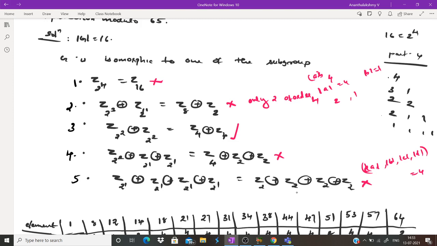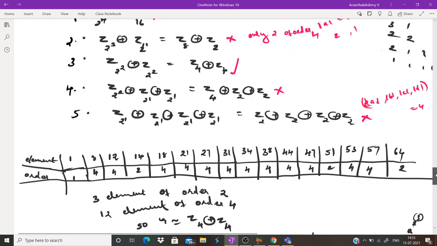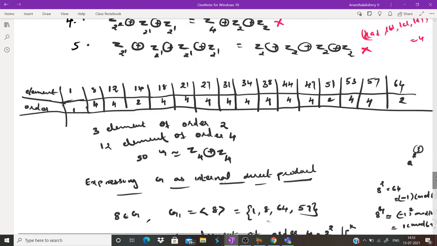And next thing we can do is this one. It's a lengthy process, but you find the order of every element. List the elements and then find the order of every element.